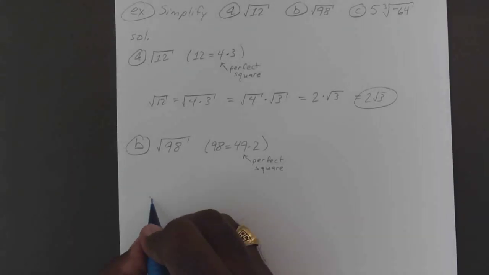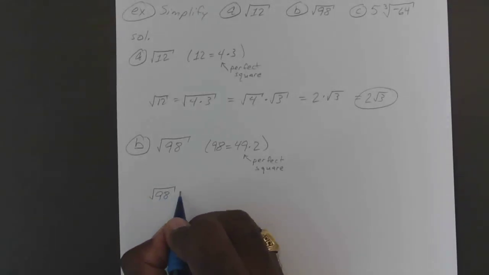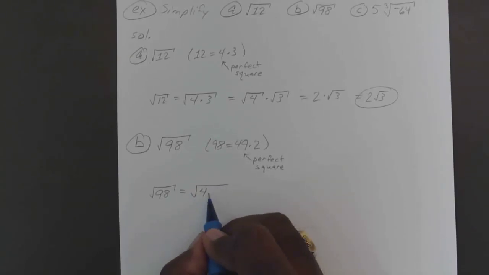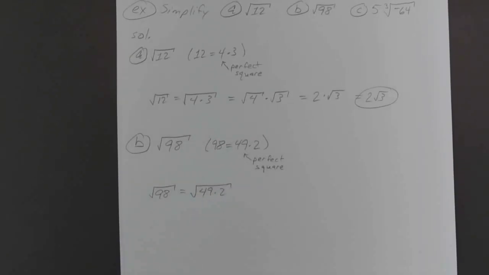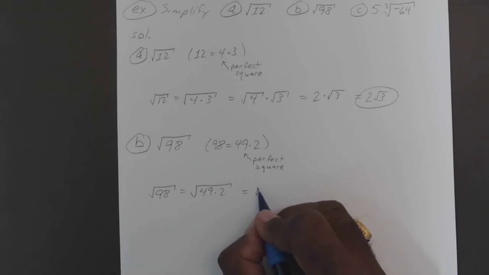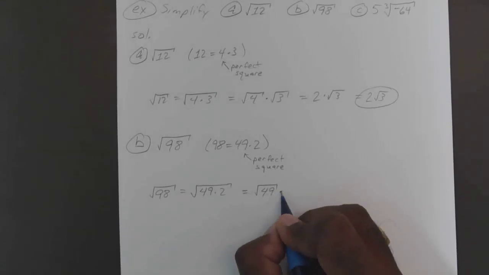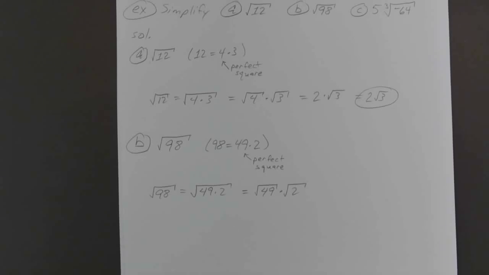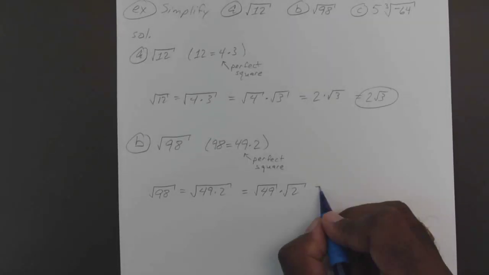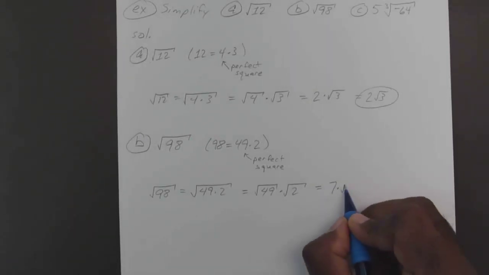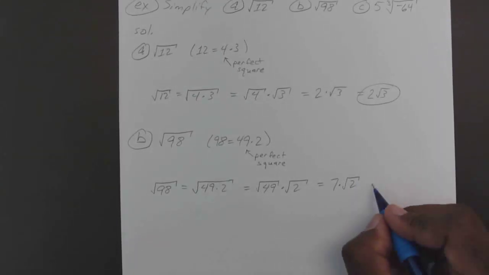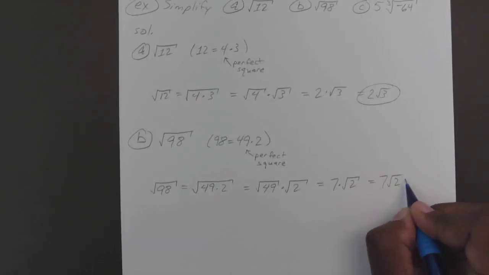So you have square root of 98 equals the square root of 49 times 2. Okay, and just like before, we're just going to go ahead and separate them. So you have the square root of 49 times square root of 2. Okay, so we know square root of 49 is 7. So you have 7 times square root of 2, which you can just write as 7 square root of 2.